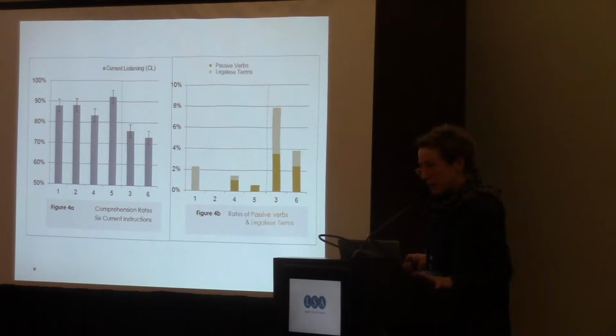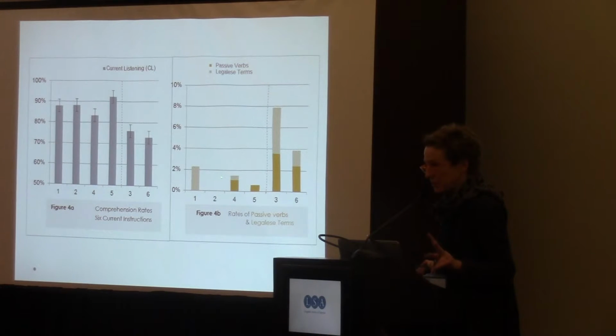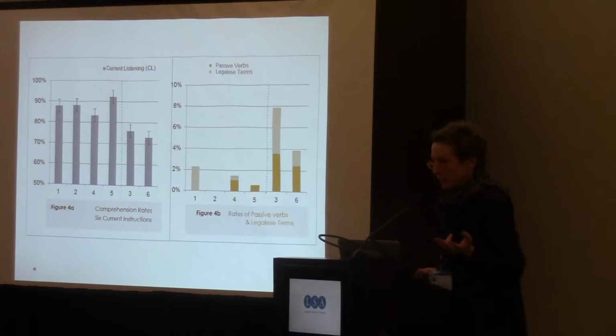And guess what? Those were the same 2 instructions that had very high rates of 2 linguistic factors, passive verbs and what we call legalese terms. We also call that presuppositions. So if you presuppose that your audience knows what the preponderance of the evidence is, and they don't know that, they're going to be stuck a little bit.